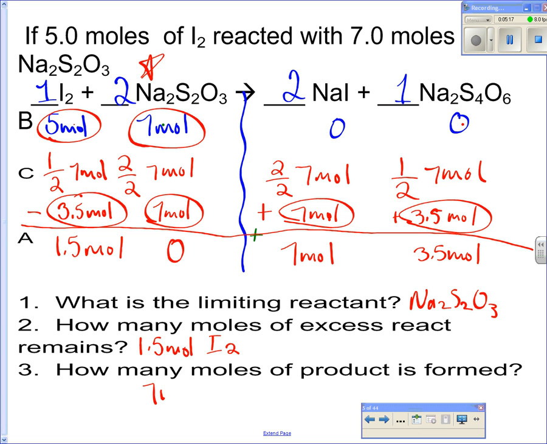Well, I made 7 moles of sodium iodide and 3.5 moles of the sodium with the sulfur and the oxygen. I'm not sure, I have to look up that polyatomic ion name. So those are my answers for limiting reactants. You just have to follow the BCA table.